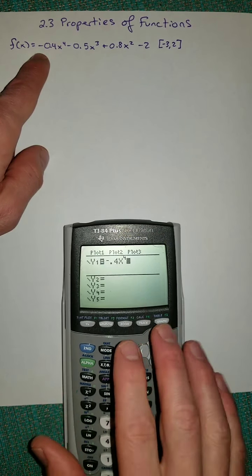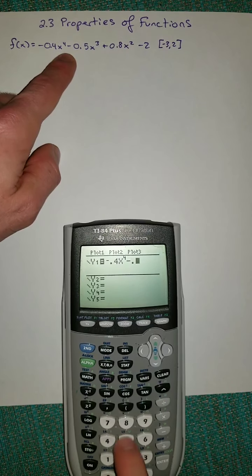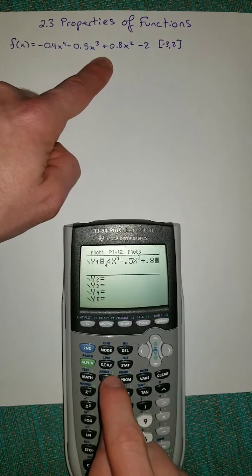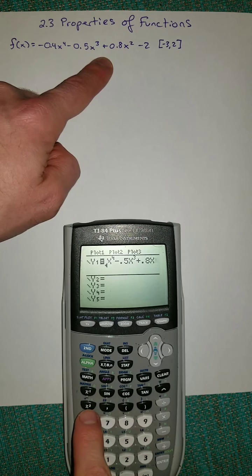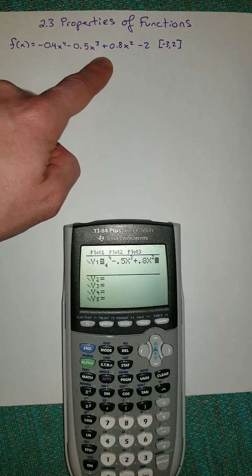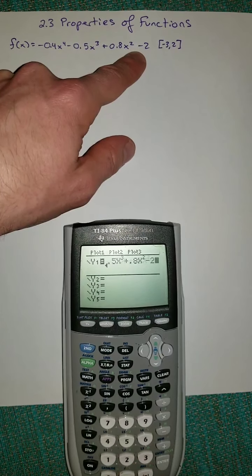If you don't have that, then it wouldn't be an issue. Then minus 0.5x to the third, plus 0.8x squared. If you hit the square button, it automatically pops me out of the superscript, which is nice, and then minus 2.